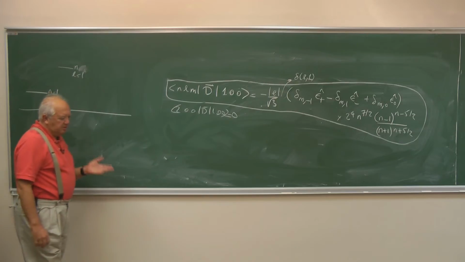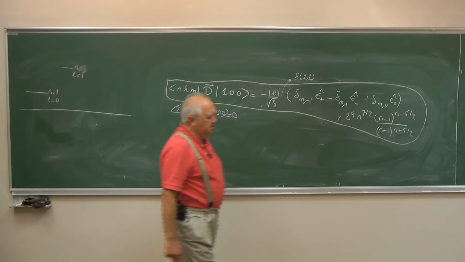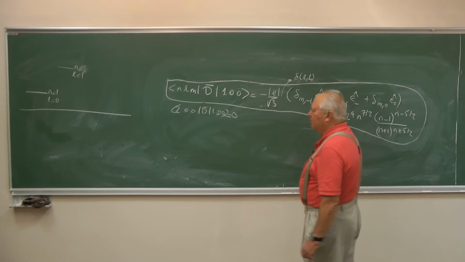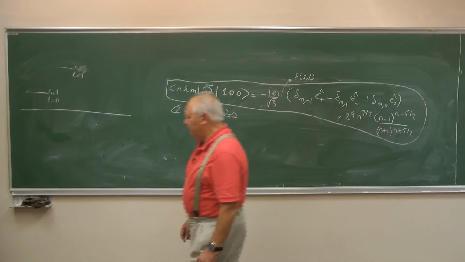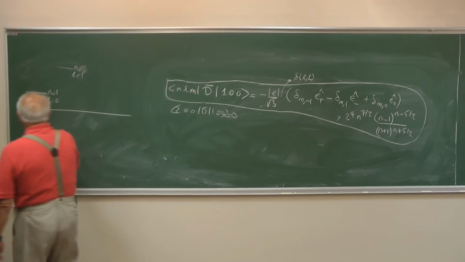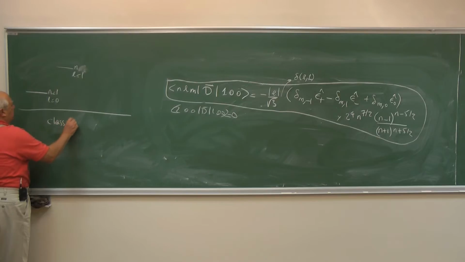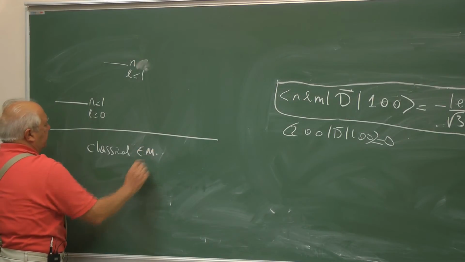To compute the spontaneous emission, of course, will take some time, but we can do with some analogy because the results are very similar. And I would like to remind you from classical electromagnetic theory.